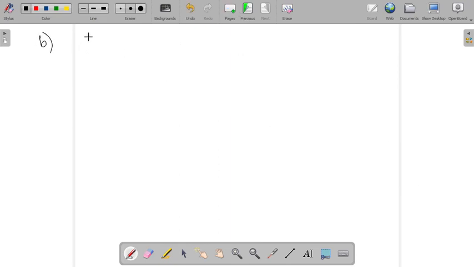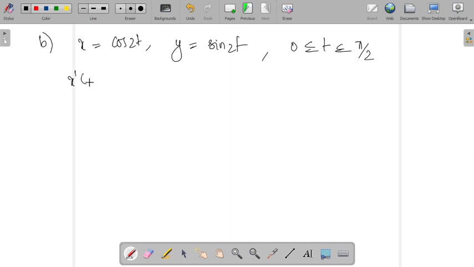Next one, if you have the form x equal to cos 2t and y equal to sin 2t, where 0 less than or equal to t less than or equal to pi by 2. So x dash of t will be minus 2 sin 2t and y dash of t is 2 cos 2t.